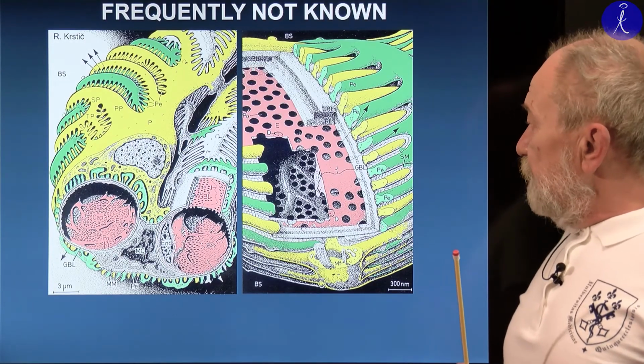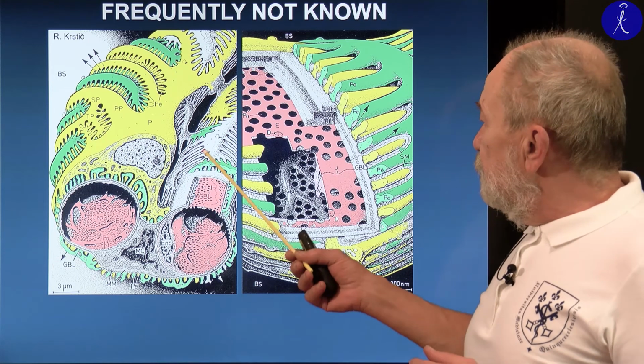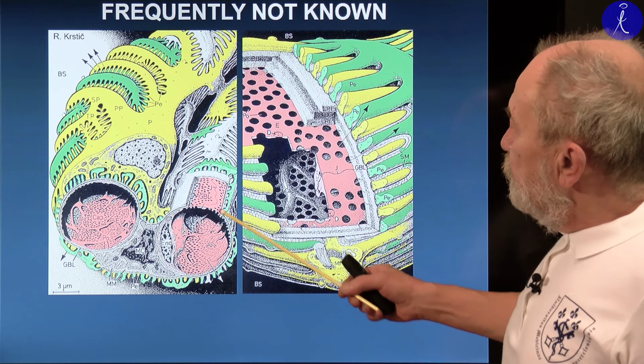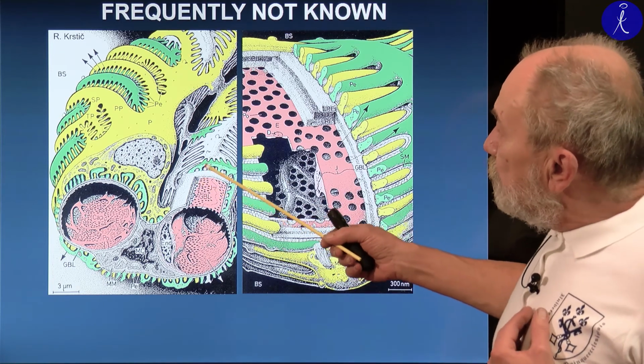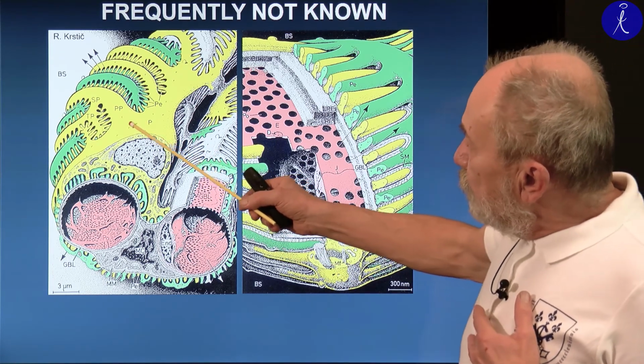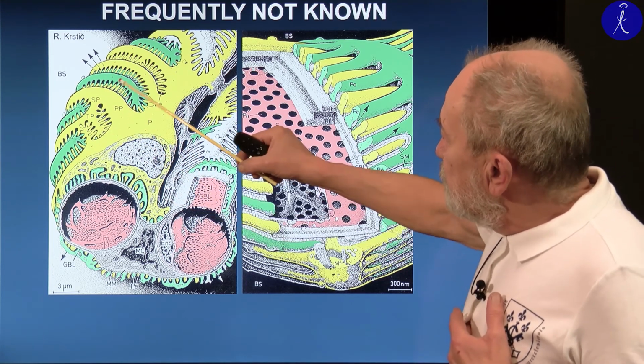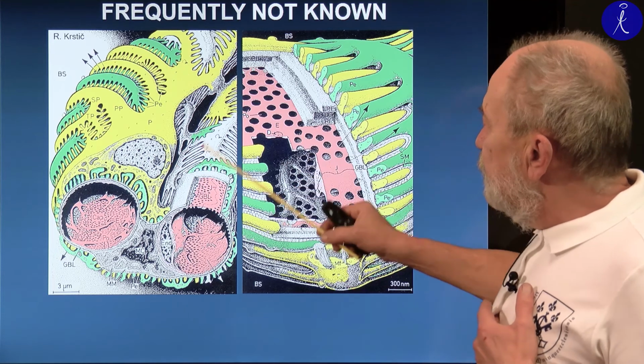Another thing which is frequently not known, it is a beautiful illustration taken from the book of Professor Kristich, showing the renal glomerulus. One can recognize the podocytes, the specific processes, the glomerular slit membrane and everything here.